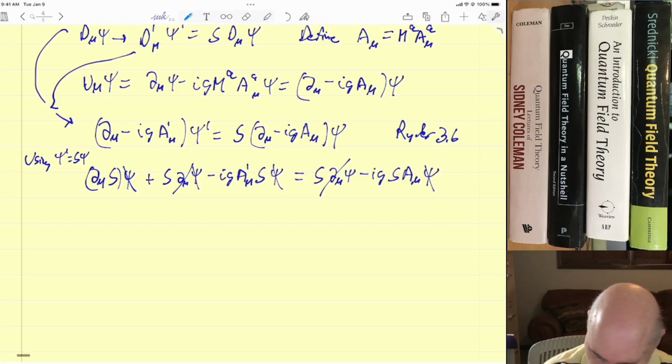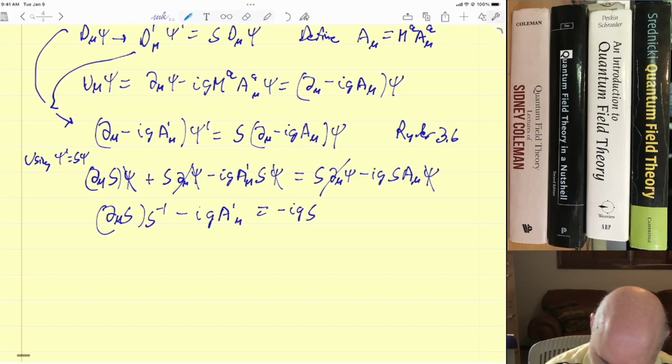And now we can just rearrange the terms and divide by minus i g. First multiply by S inverse on the right. So I get the partial mu S S inverse, and then S S inverse is the identity, so that cancels that. So I get minus i g A'_mu equal to minus i g S A_mu S inverse.